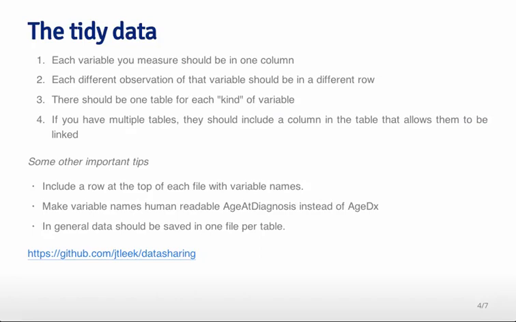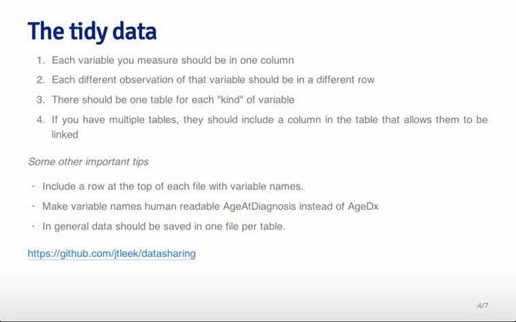A couple of other important tips that I've found have saved me a lot of trouble in the past is if you include a row at the top of each file with variable names. Sometimes this won't always appear in a tidy data set, but it's much more useful if they are. It's also much more useful if the variable names are human readable. So for example, if you use something like age at diagnosis for a column name as opposed to something like age dx, which might be a little bit more confusing and hard for people to read.